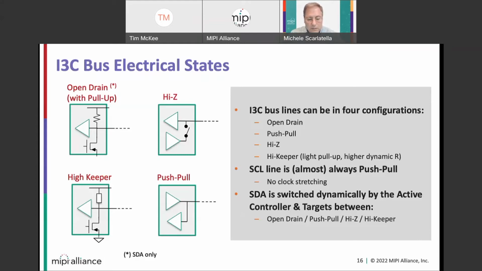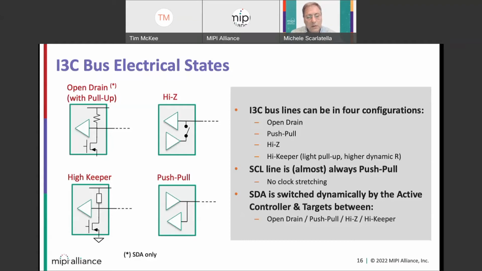Let me say now about the two lines, the SCL and the SDA lines. The SCL line in I3C is almost always in push-pull mode, and it's always driven by the controller. The reason we say almost always is that in I3C the controllership can be transferred from one controller to another. You have initially a primary controller, then a target can request to become a secondary controller.